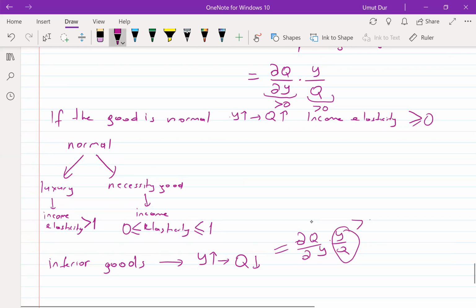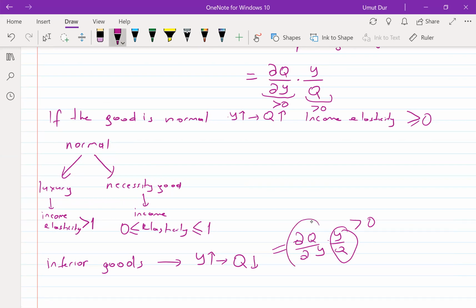This term is positive, and for the inferior goods, is the derivative of the quantity demanded with respect to income positive or negative? It is always negative. The product of a negative number and a positive number will always be negative.